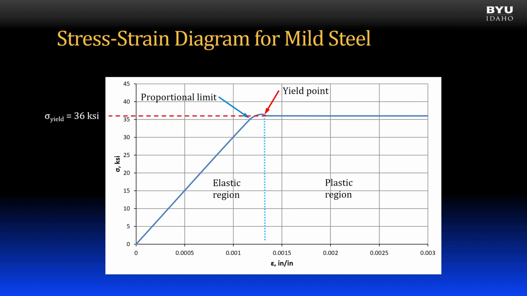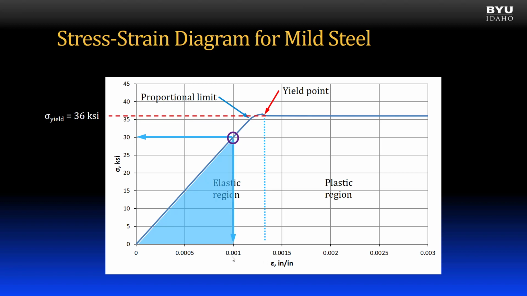There is another important material property that we get from the elastic region. That is the modulus of elasticity. The modulus of elasticity is the slope of the stress-strain curve prior to the proportional limit. We can calculate the modulus of elasticity by picking a point somewhere before the proportional limit. For example, here I've put a point where the stress is 30 KSI.